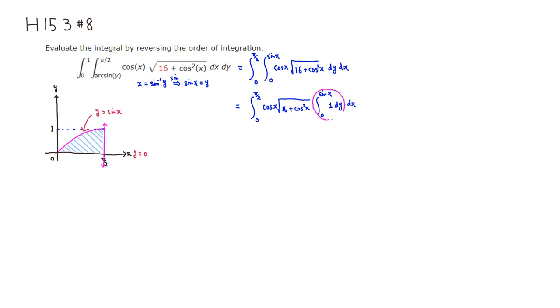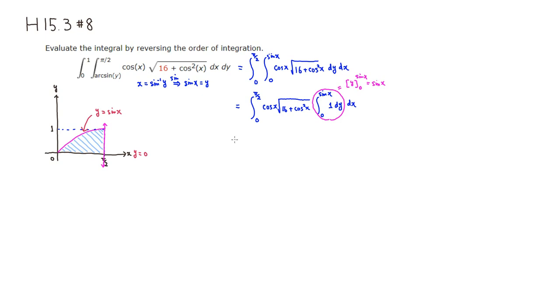This part is really simple to evaluate. The integral of 1 is y, going from 0 to sine of x. Plugging in sine of x, we have sine of x minus 0, which is just sine of x.